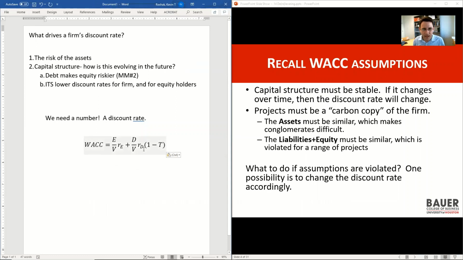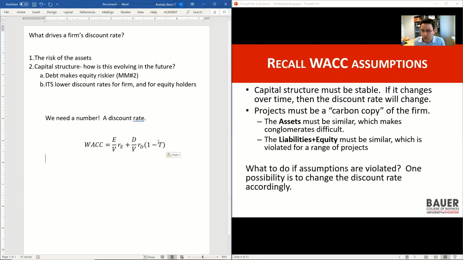If these things are changing, your capital structure is changing, then your WACC is going to be changing. We also know that if your capital structure is changing, then the discount rate on the equity is going to be changing through Modigliani-Miller number 2 and through these tax shields. Okay, so the point is, if your WACC is changing, you've got to be very careful in how you measure these differences in the discount rates.